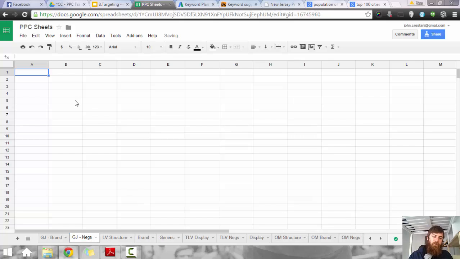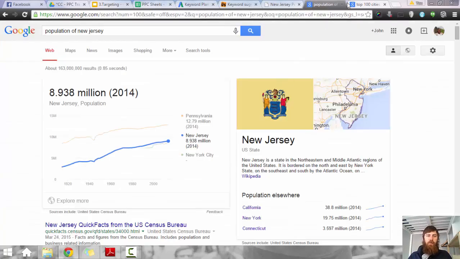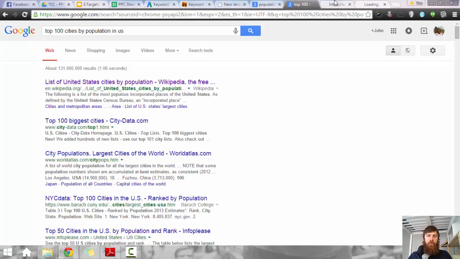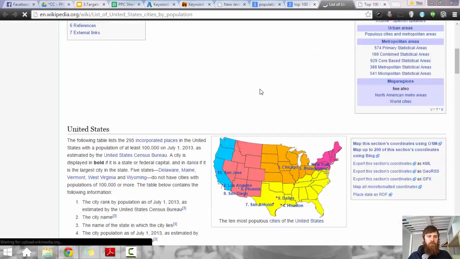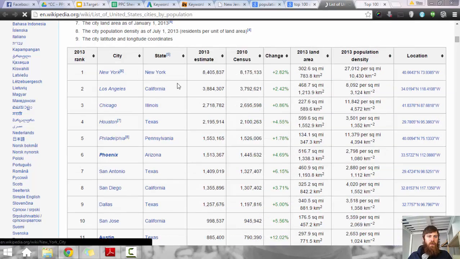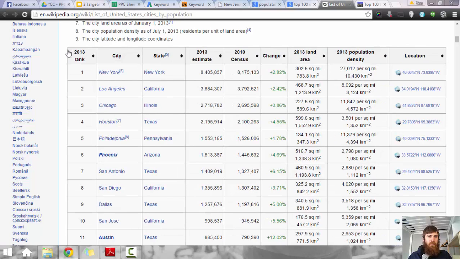GJ negs. Cities. Let's do states, let's negative out states as well. So top 100 cities by population. And what we're going to do is take all these.